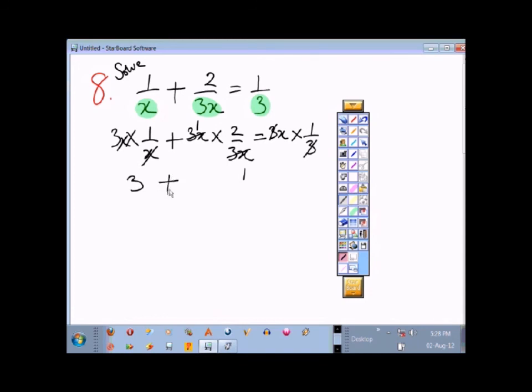Then 1 times 2 here gives us plus 2. And x times 1 on the right side gives us x. Therefore, 3 plus 2 is 5, and x is 5. So that is our final answer.